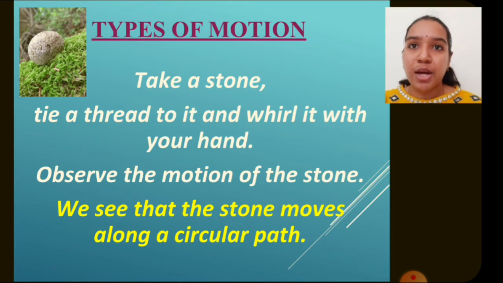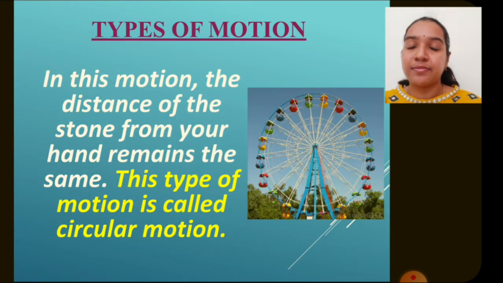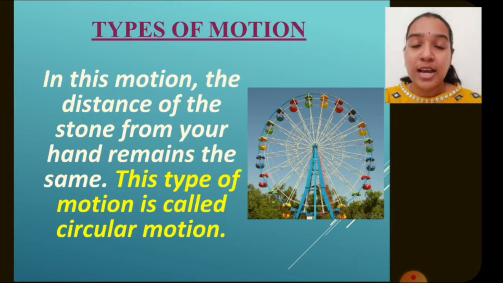Now observe the motion of that stone. You see it moves in a circle, and the distance between your hand and the stone remains the same. So this type of motion is called circular motion. Circular motion.